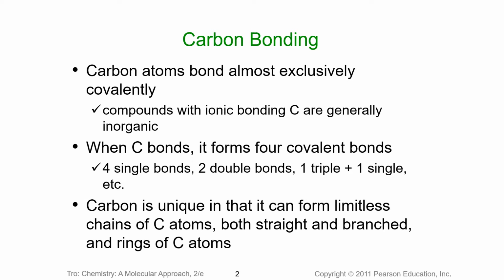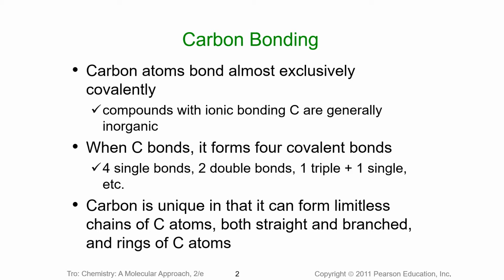It is also unique in the fact that it can form almost limitless chains of carbon atoms bonded together. They can be in straight chains, or they can be branched or form rings. And because of this, it allows many, many, many different compounds to be made out of carbon.